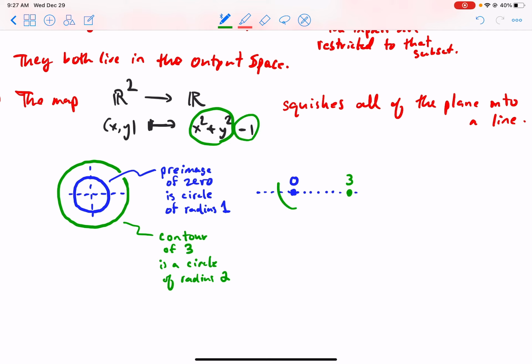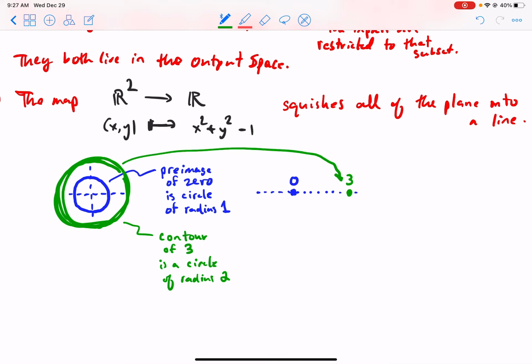We subtract 1 and we get 0. So you see that all the infinitely many points on this circle of radius 2 are all mapped to the 3, because this map squishes the plane onto the real line. And so a bunch of points are sent to 1 point. All the circle is sent to just the point 3.